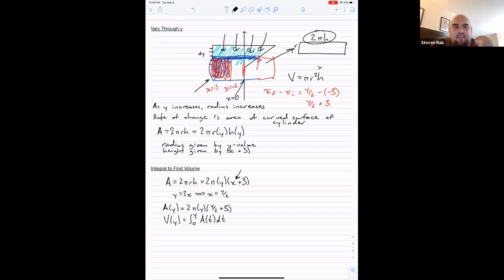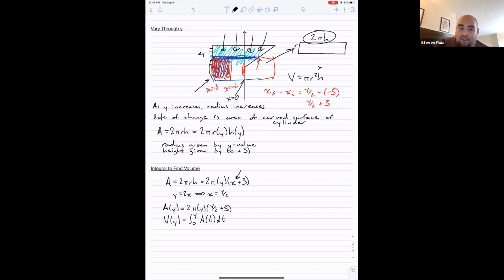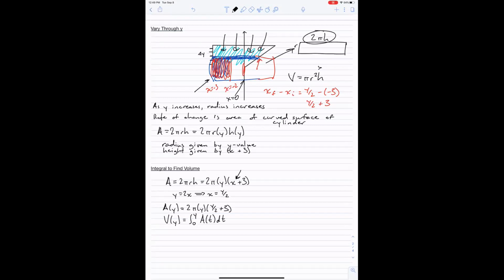So with every tiny dy, you're just accumulating a little bit of volume. So really, you're adding a hollow shell. But yes, as you integrate over the full interval, it's going to have that cone taken off. Thank you. Good question.